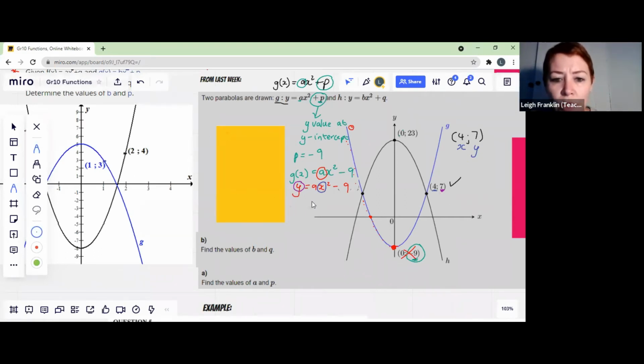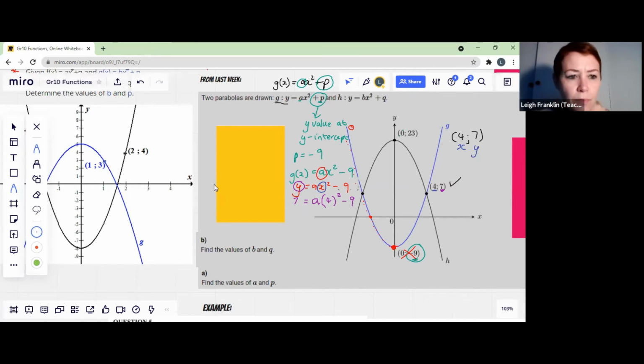So we are going to write 7 equals a, substitute in brackets. Inside the bracket we need to put the x, in other words, the 4. Good, well done. And then we've got to square that, and then we've got to take away 9. Okay, now we have to solve for a.